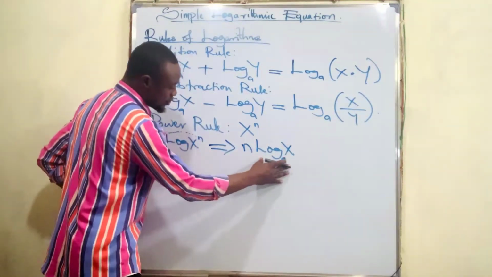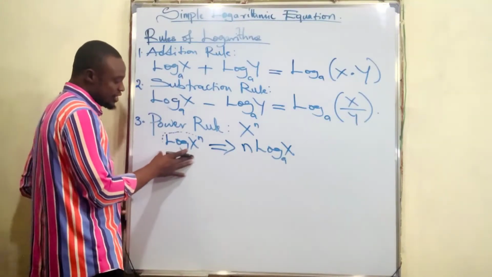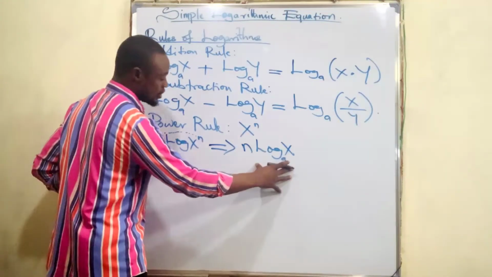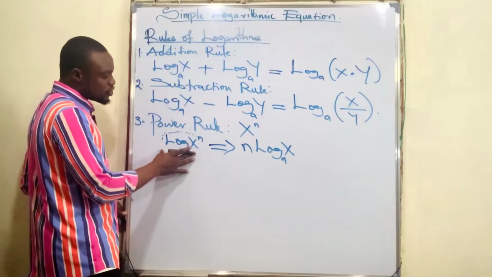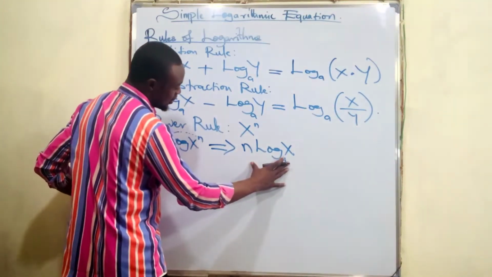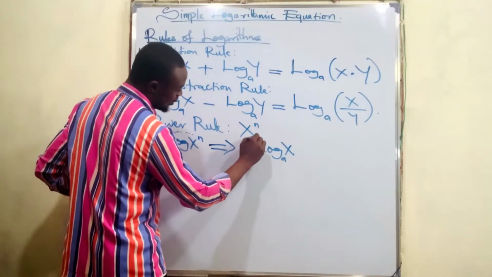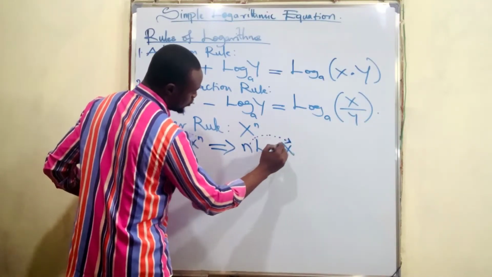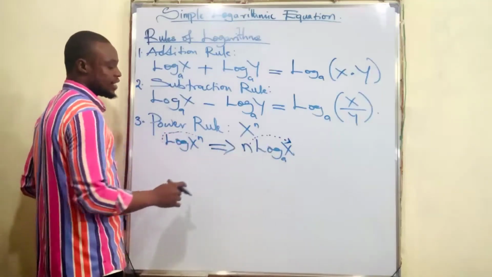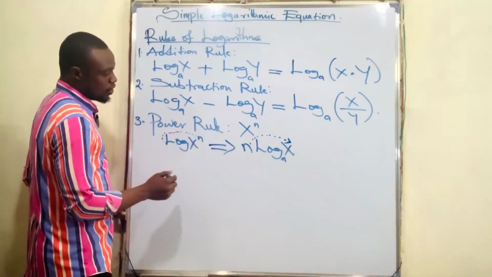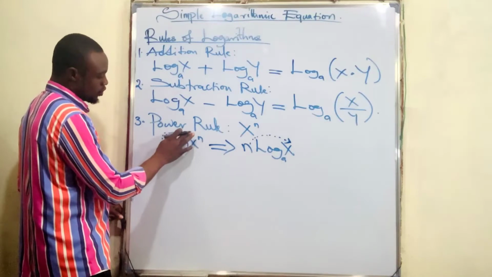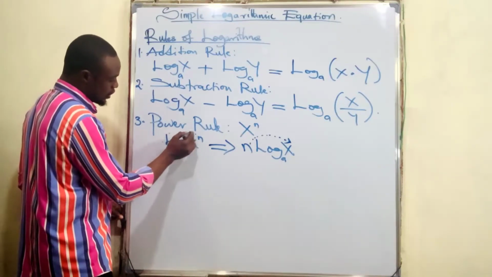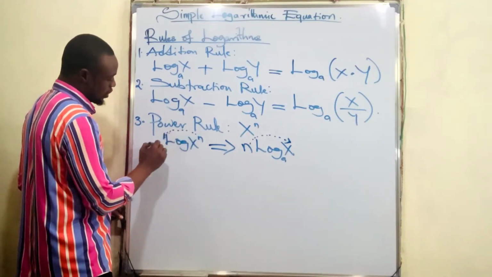So this question can be written like this. Also this can be written like this. So if a question is given to you like this, you can express it like this. Also, if a question is given to you like this, you can express it like this. It is as simple as taking this n to the back, or to the top of the x there, and you have x to the power of n, or you bring it back, which is what I did here.